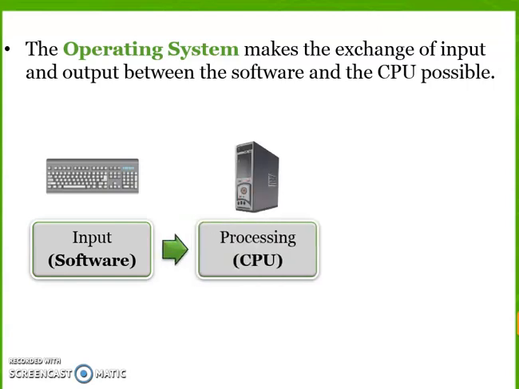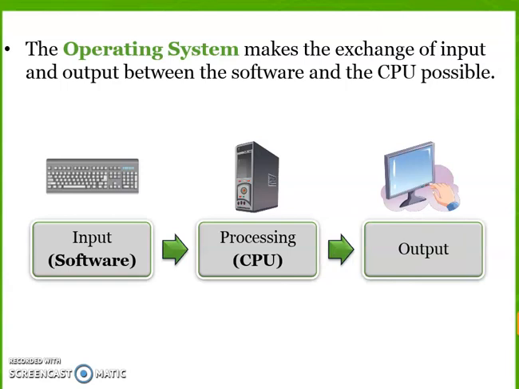If you give some input, then it will move towards the CPU. CPU means Central Processing Unit, which is the brain of the computer. It performs some operation on that input and gives you the output. And the output is your monitor. Through the monitor you can get your output, and through the keyboard you can give your input.